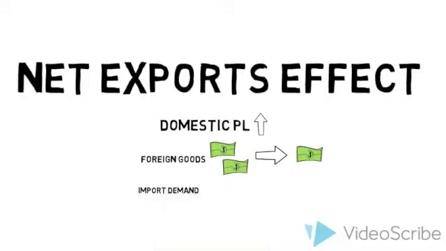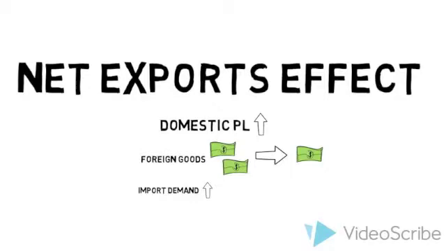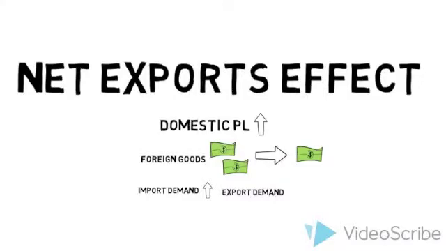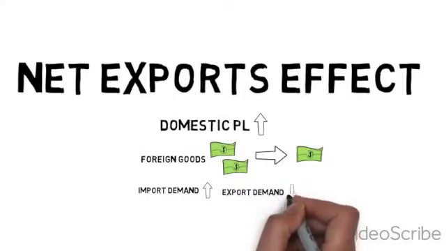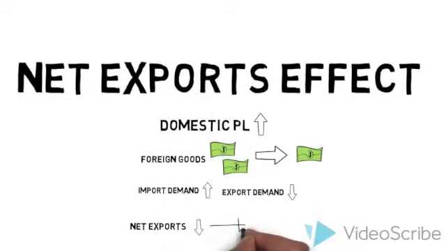Like I said, import demand is increasing, while the amount of export demand will decrease. Thus, net exports will decrease. Thus, aggregate demand will decrease as well, thus lowering GDP.